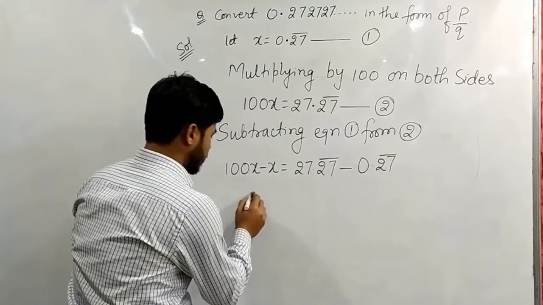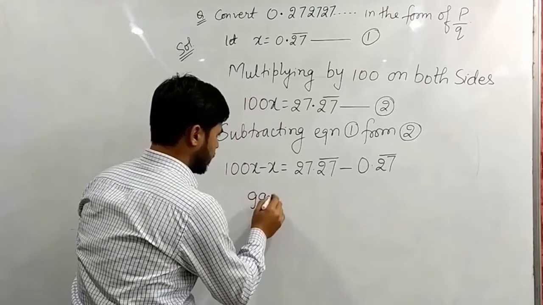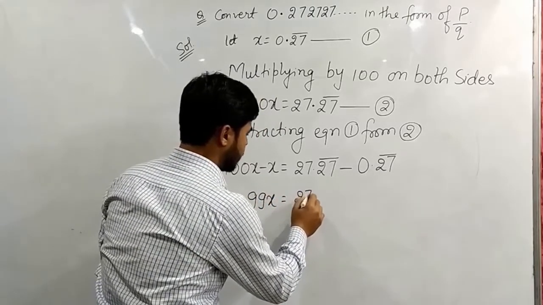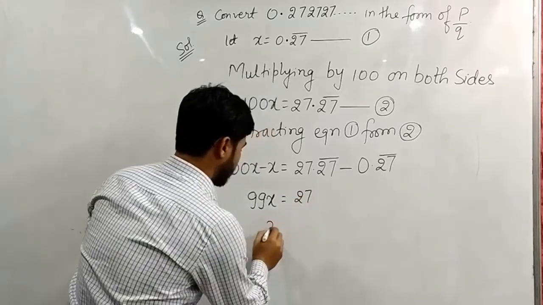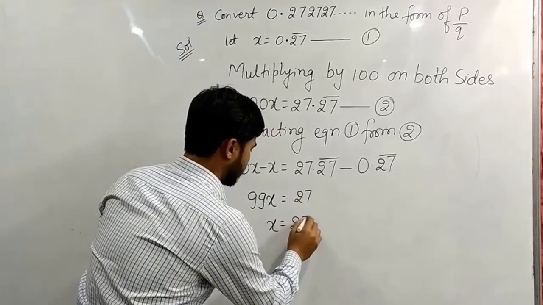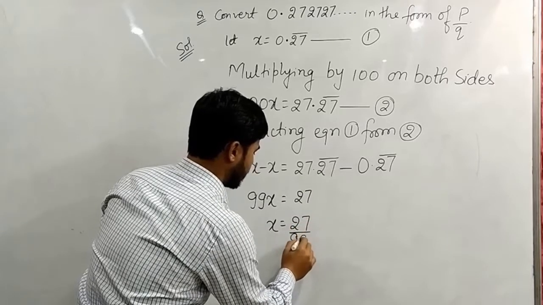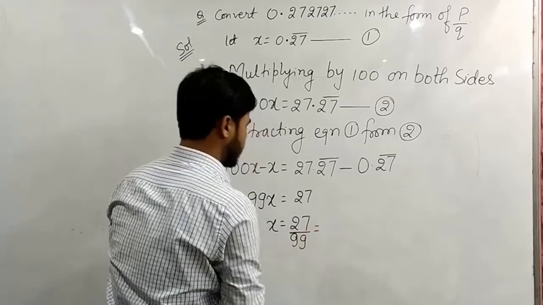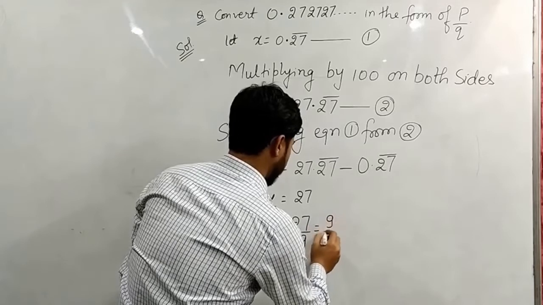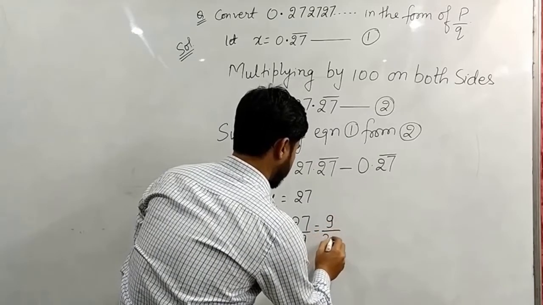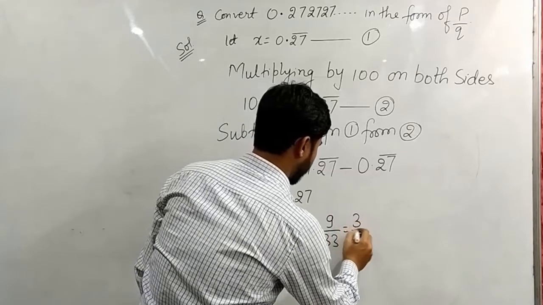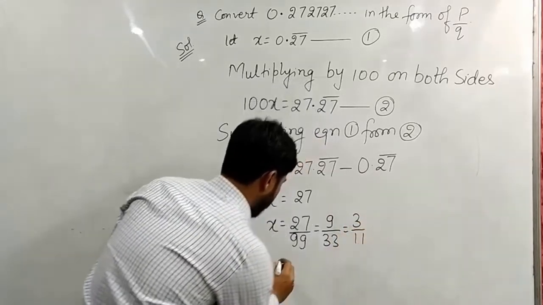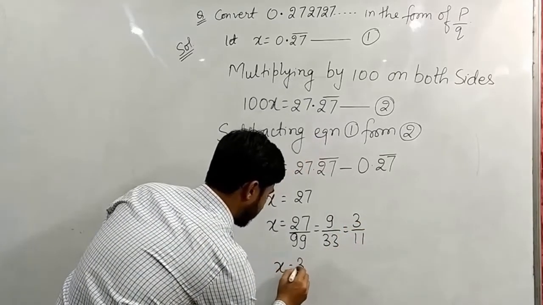So here it is 99x equal to 27.000, and I am writing it only as 27. So it will become 27 upon 99, and if I divide it by 3, it will become 9 upon 33, and it can again be divided by 3, so it will become 3 upon 11. So x is equal to 3 by 11.